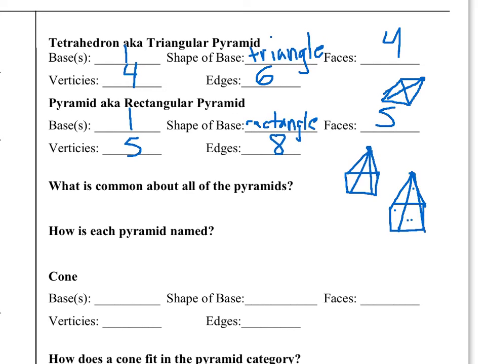What is common about all pyramids? What's the same about all pyramids? Kenneth? We start at the base and end up at one central point. Yep, one base opposite a vertex.